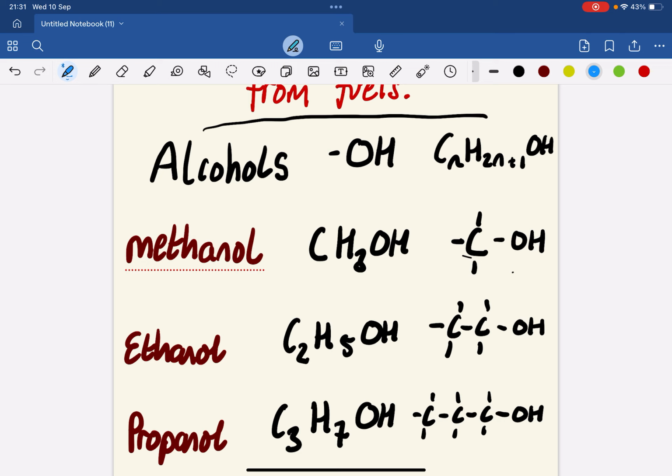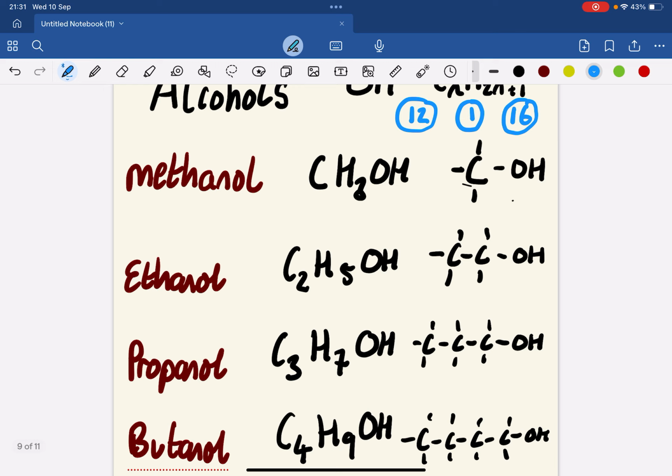So carbon has got an Ar of 12, hydrogen is 1, and we should know that oxygen is 16.